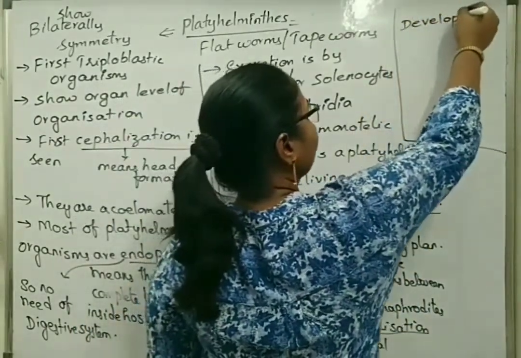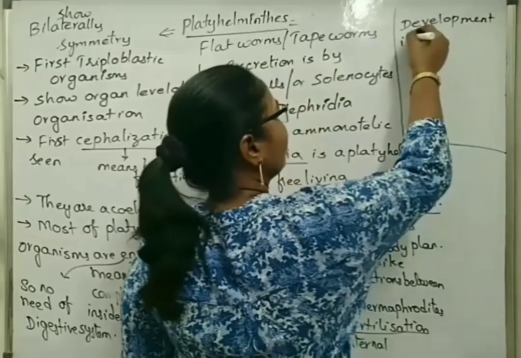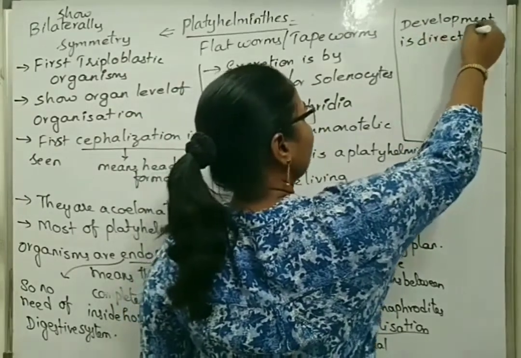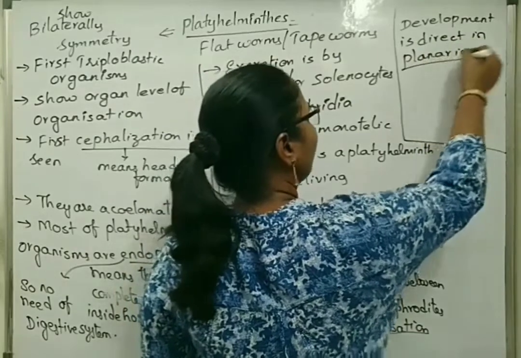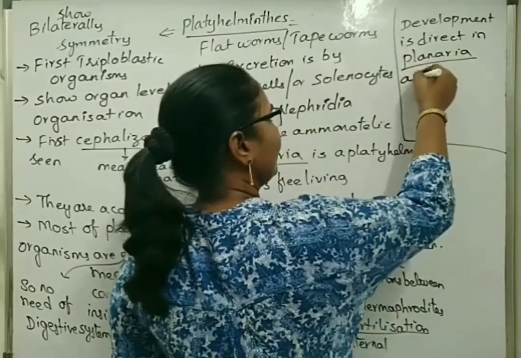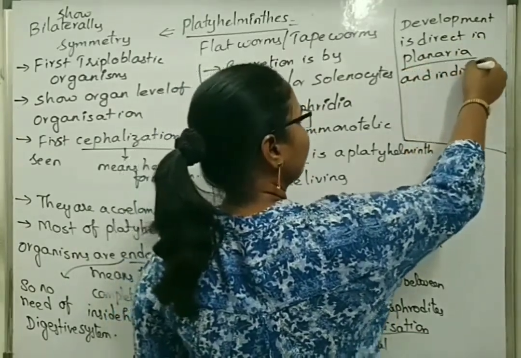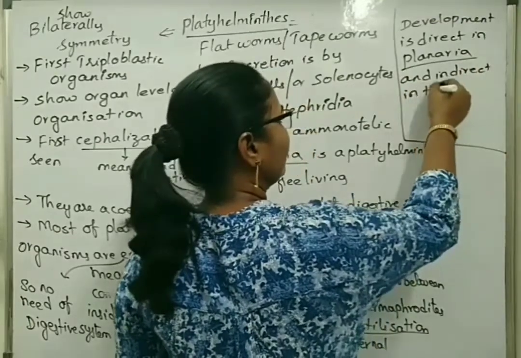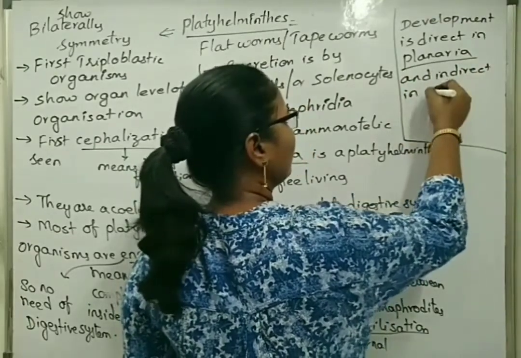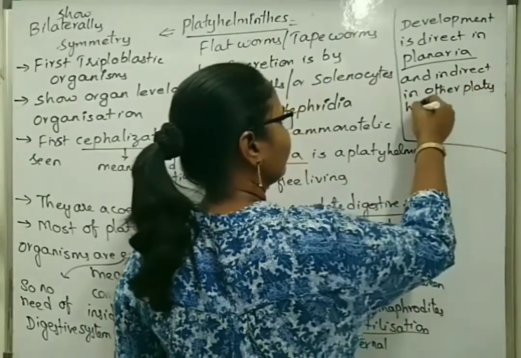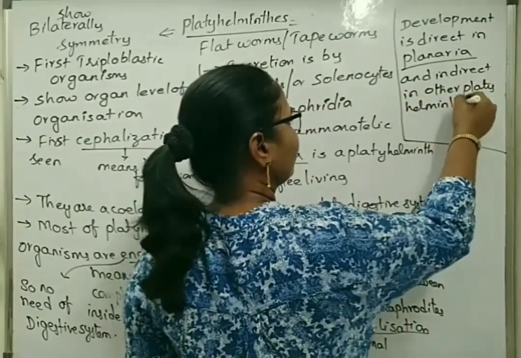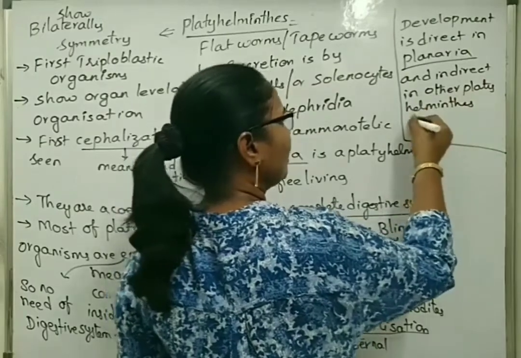Development is direct in planaria, and indirect in other platyhelminthes. So, what are the larval forms?